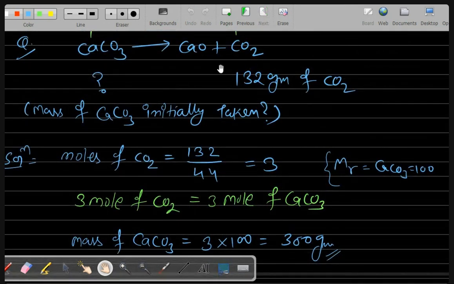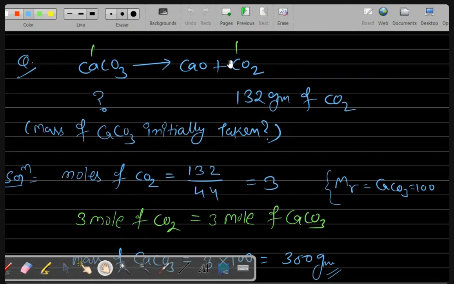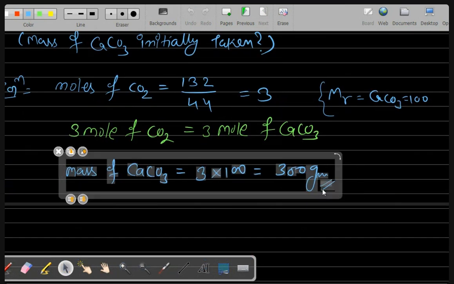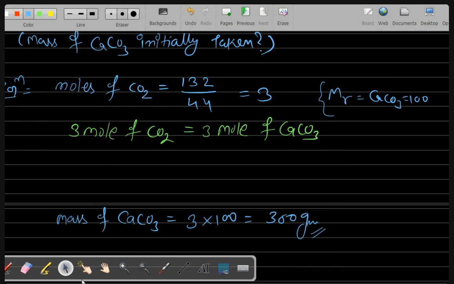Understand what the chemical reaction wants to say: 1 mole of CO2 comes from 1 mole of calcium carbonate. Okay, I got where you were confused. Let it be clear.